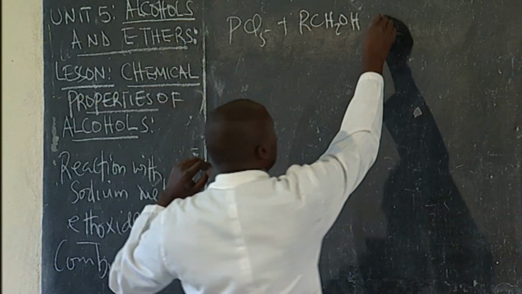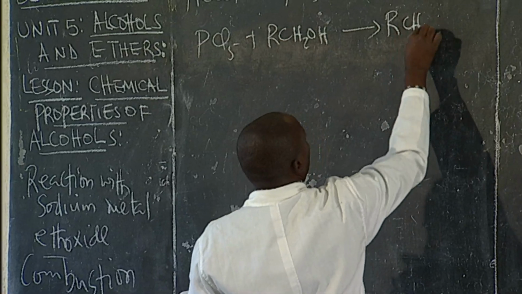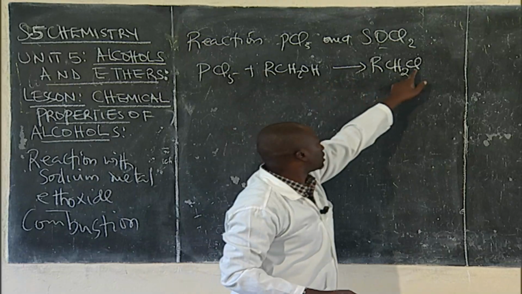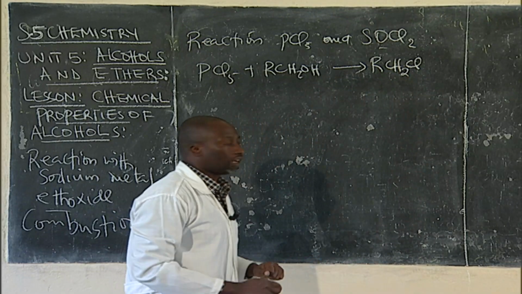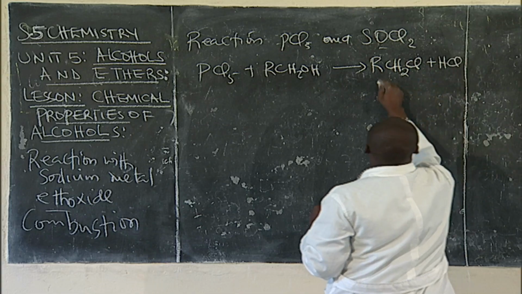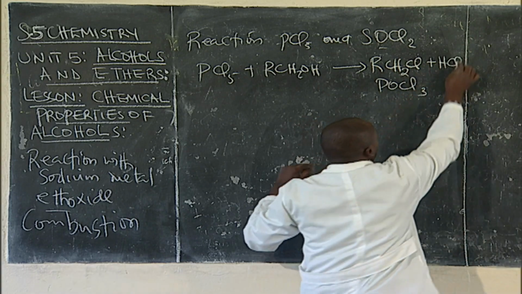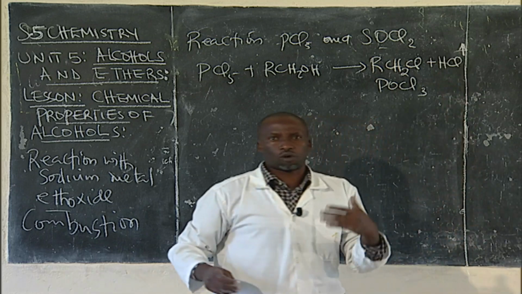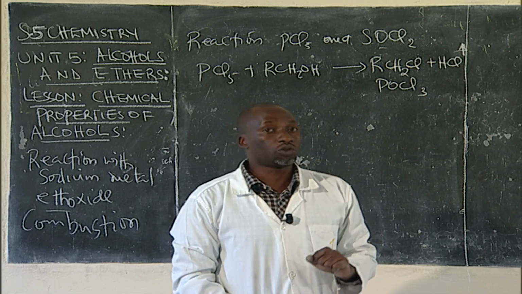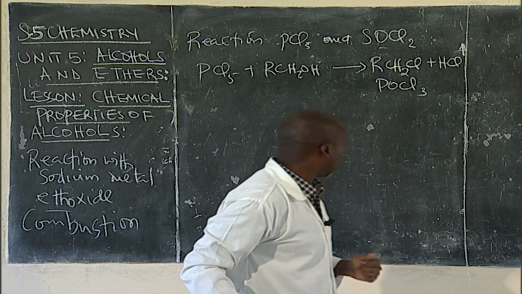This will produce the alkyl halide. The OH of the alcohol will be substituted by the chlorine, and this will produce hydrogen chloride gas and this compound. The hydrogen chloride gas will be produced in the form of effervescence, and therefore that reaction also can be used to test for the presence of alcohols in the laboratory.